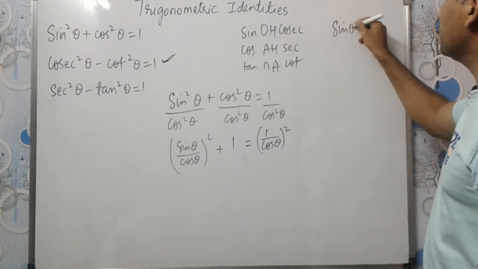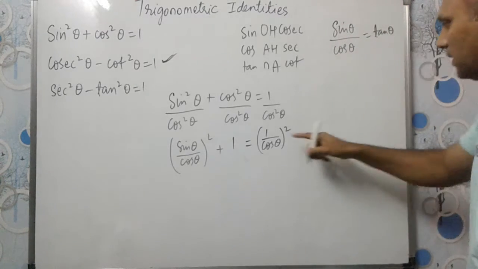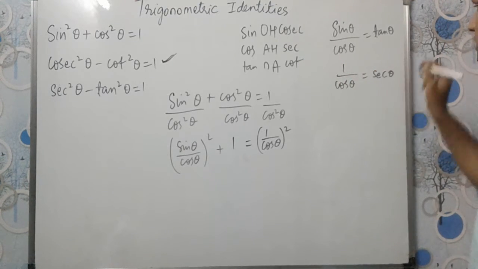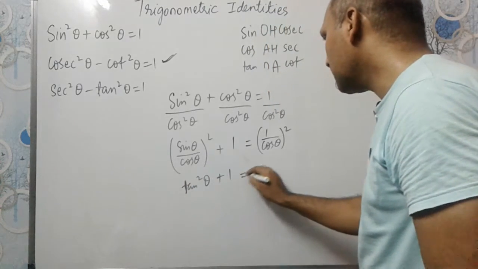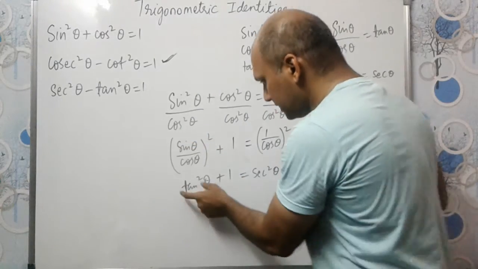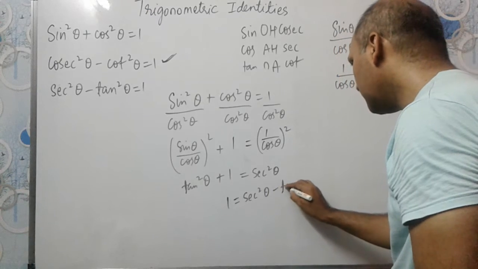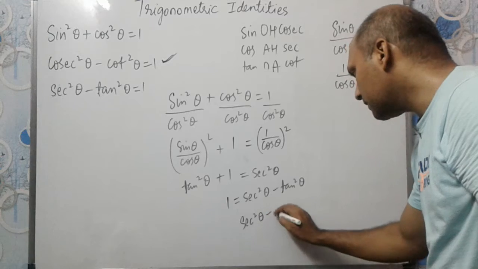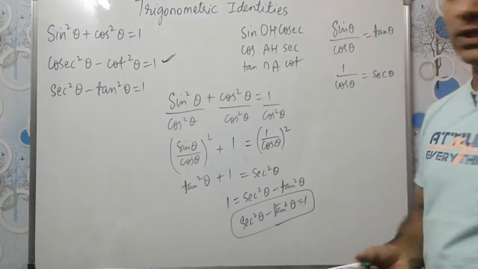We have learned in the previous classes that sin divided by cos is equal to tan. And what is 1 by cos theta? It is equal to secant theta. So we have tan square theta plus 1 is equal to secant square theta. Third identity: send tan to this side, 1 is equal to secant square minus tan square, or you can write secant square theta minus tan square theta equal to 1.